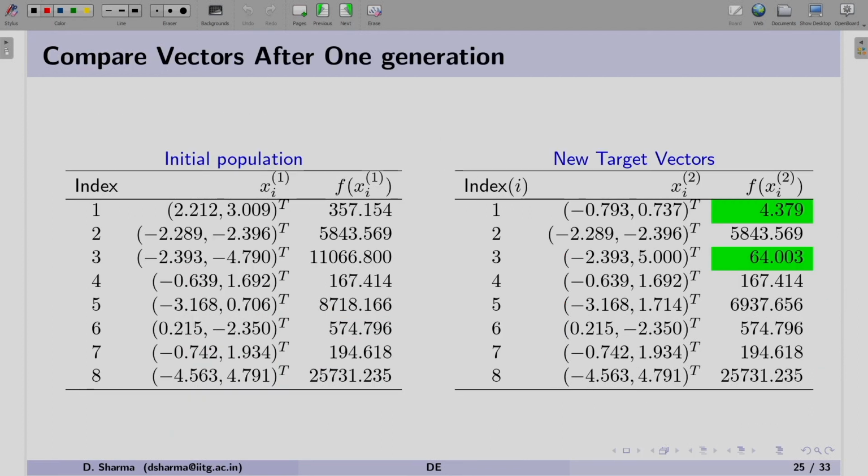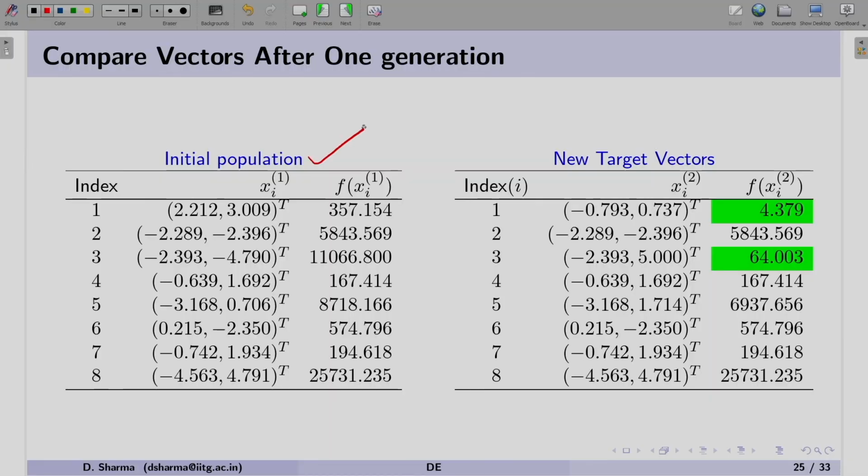Just at the end, let us compare the initial population versus the new target vectors after one generation. As you can see, the left hand table represents the initial population and the new target vectors after one generation are shown on the right hand side.